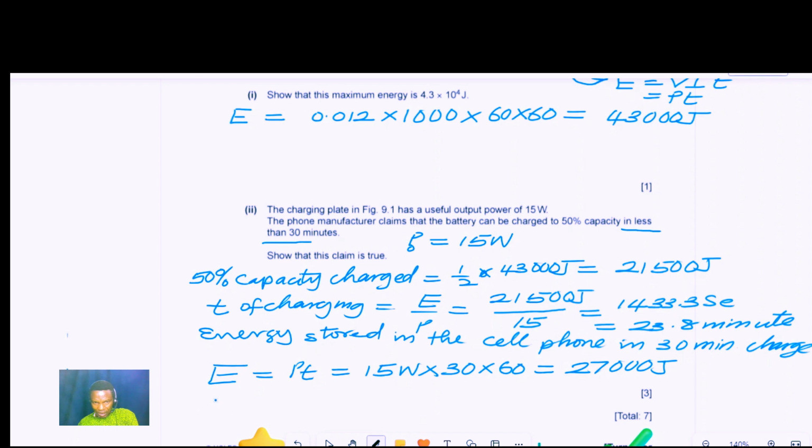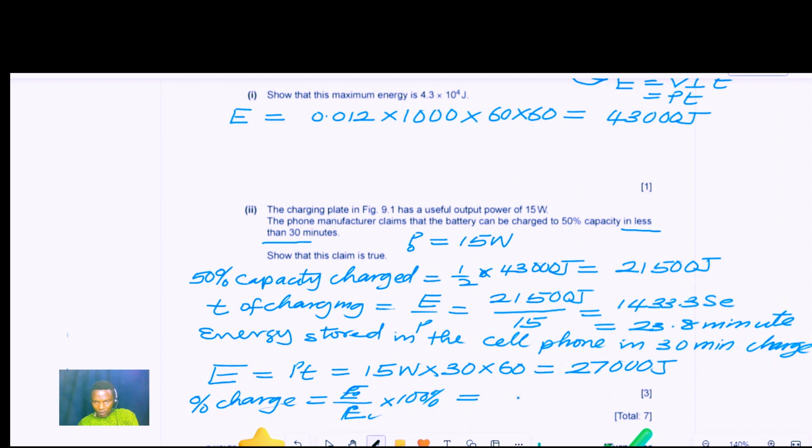The percentage charge is the energy stored over the full capacity times 100%.